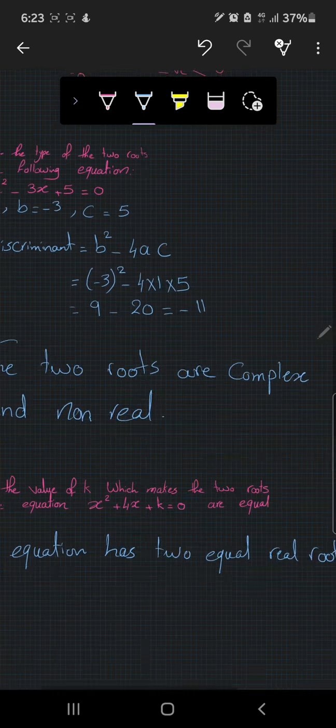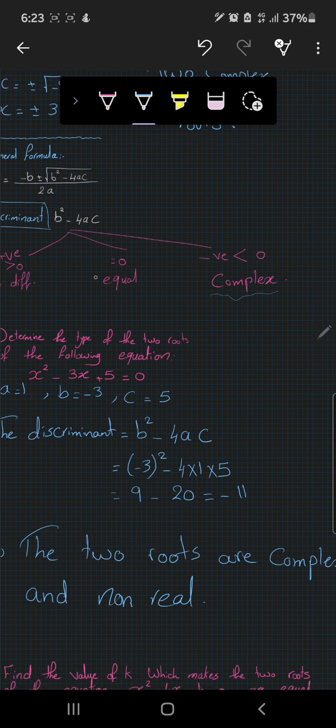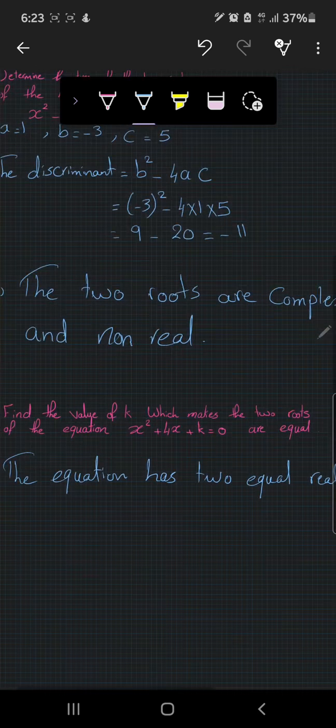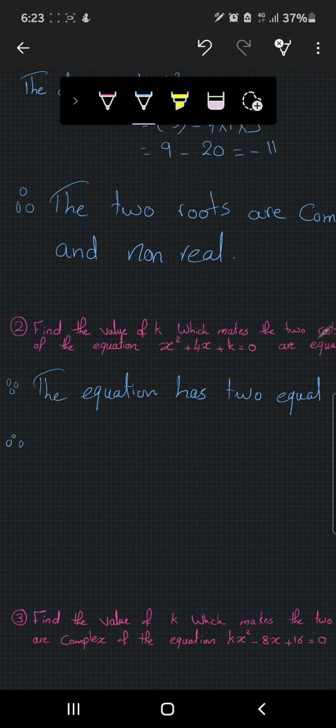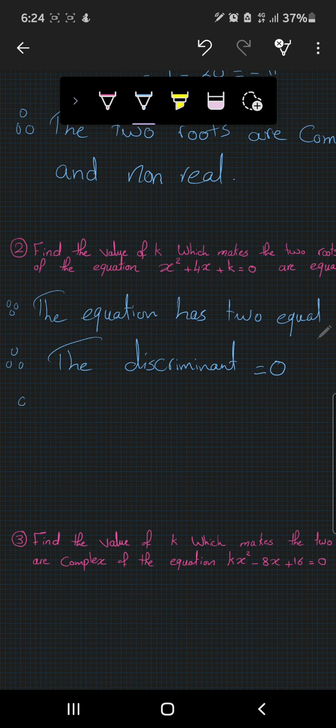We said before, if we have two equal roots, the discriminant equals 0. Therefore b² − 4ac = 0.